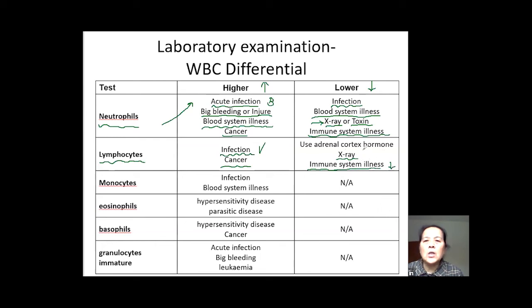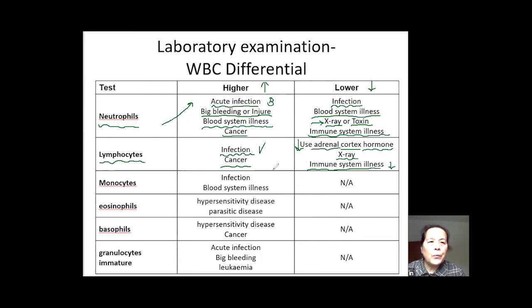Also, especially using some hormone, the hormone from the cortex of the endocrine system, like cortisol, still causes the lymphocyte number to decrease. So that's the first two white blood cells.